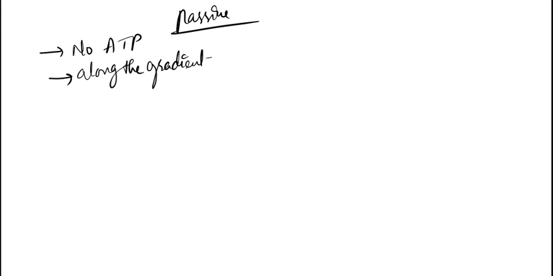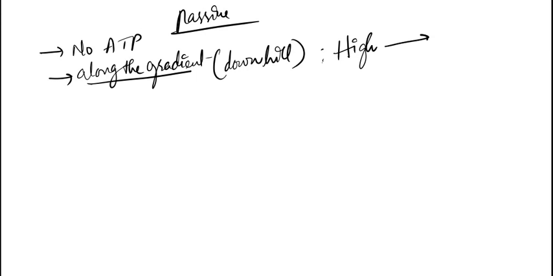That's why it is called downhill. You can ask me, sir, from which concentration to which concentration it occurs? From high to low concentration. You got it? From high to low.